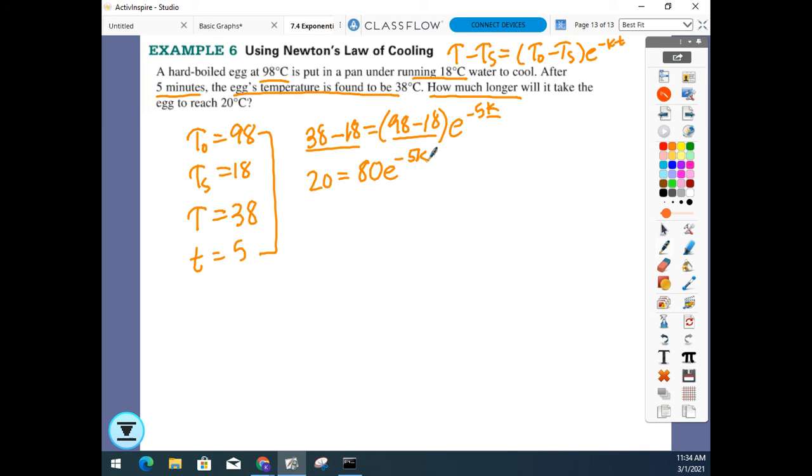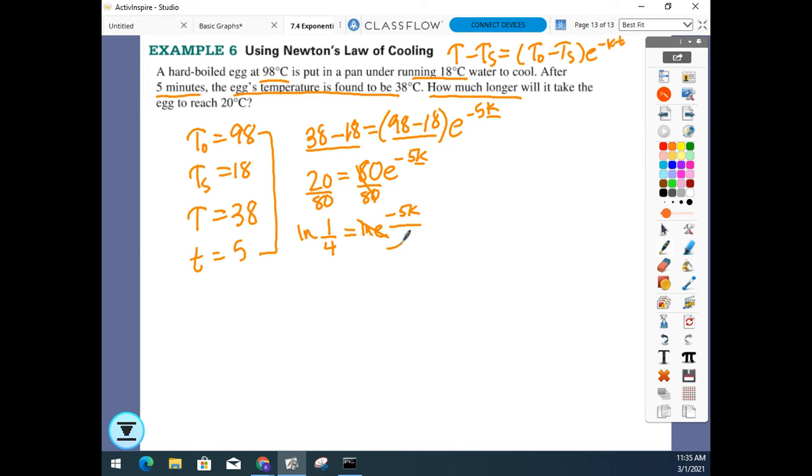Okay, so another little logarithm concept. You cannot take a log until the e is by itself on this side. So the first thing we're going to do, divide by 80 so I can get e by itself, because to solve for k. So this is 1/4. I'm going to ln both sides, because that cancels this out.